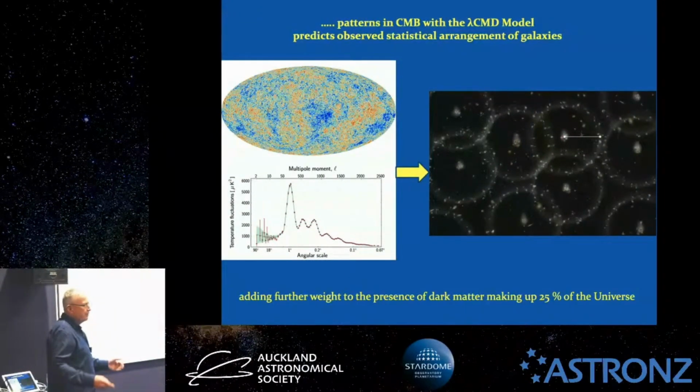And what do they find when they're doing all the statistical and spatial arrangements of galaxies today? They're seeing exactly these statistical spatial arrangements of galaxies and galaxy clusters, exactly as predicted if you took the patterns of the cosmic microwave background and shoved them through the Lambda cold dark matter model. Once again, the evidence is well and truly fitting.